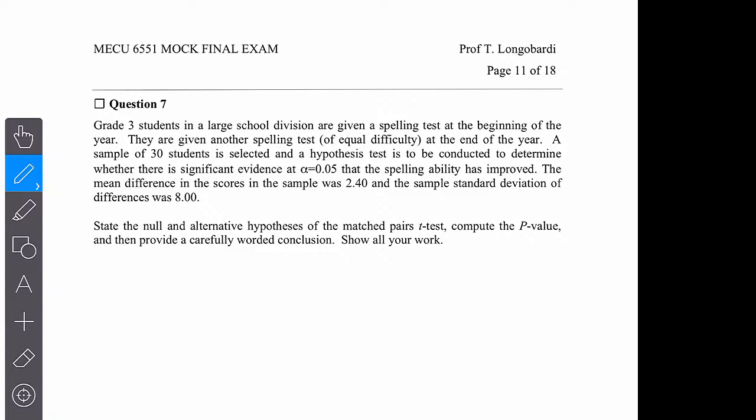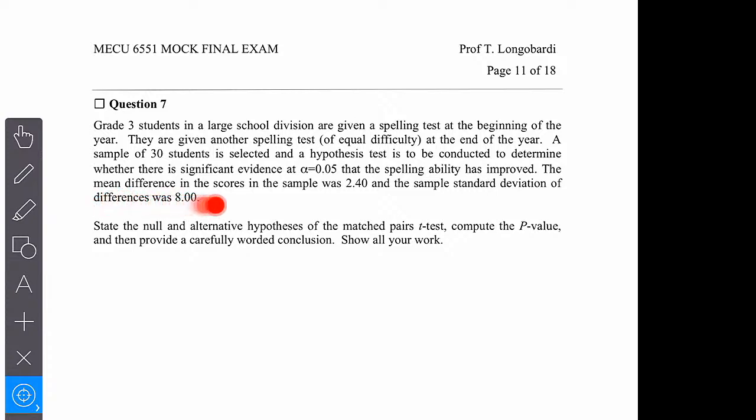All right. Students in a large school division are given a spelling test at the beginning of the year. They're given another spelling test at the end of the year. A sample of 30 students is selected, and a hypothesis test is to be conducted to determine whether there is significant evidence at alpha equals 0.05 that the spelling ability has improved.